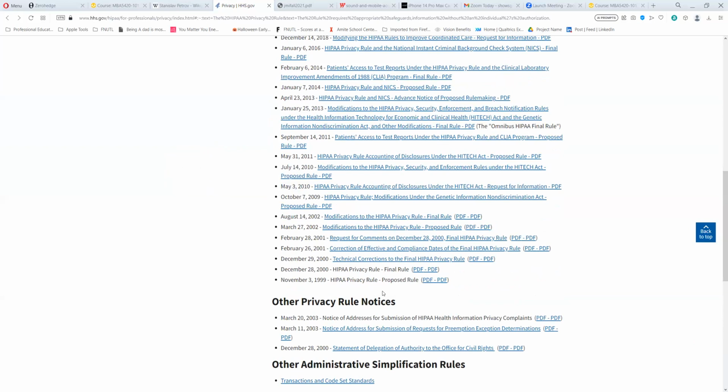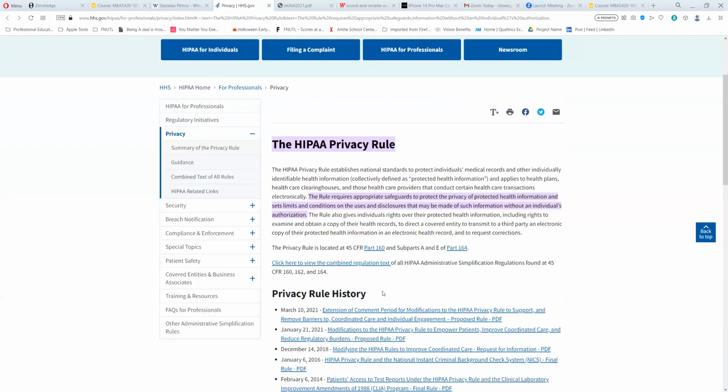The HIPAA Privacy Rule is a standard that protects individuals' medical records and other personal health information. It sets the limits and conditions on how those uses can be disclosed. Over the last 20 to 25 years, it has had an enormous impact on our lives, whether you know it or not. Think COVID-19.